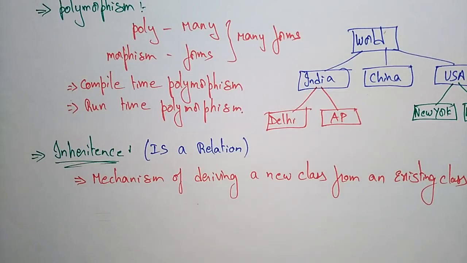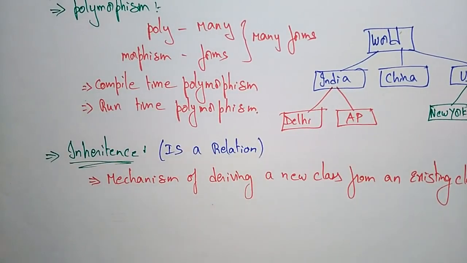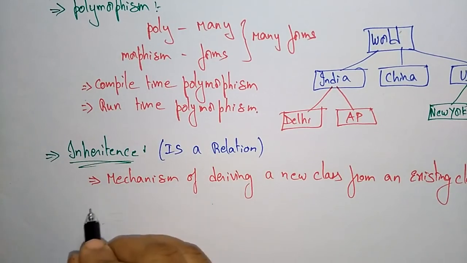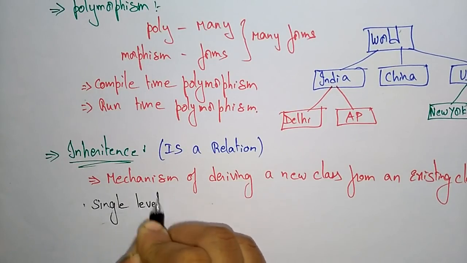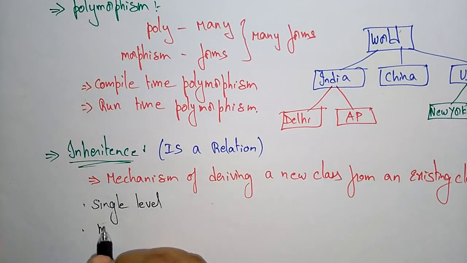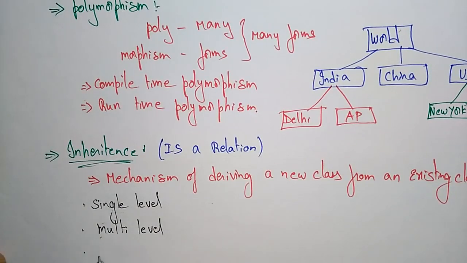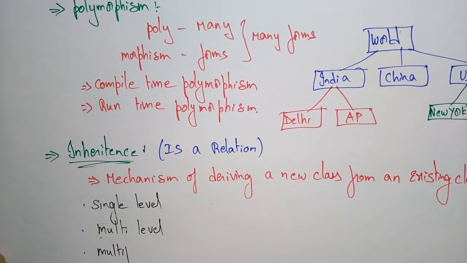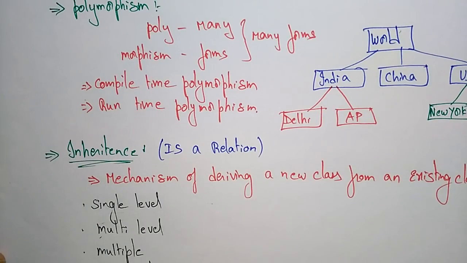So what is this new class and what is the derived class? Let us see. Actually, inheritance is of 5 types. One is single level inheritance, multi-level inheritance, multiple inheritance, hierarchical inheritance, and hybrid inheritance.